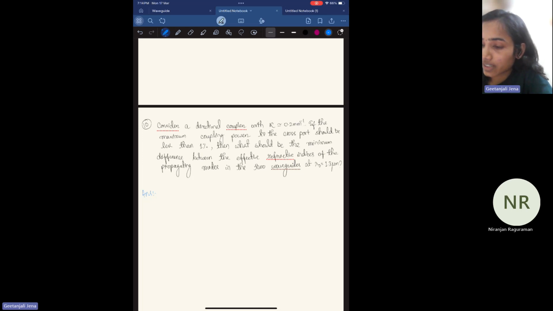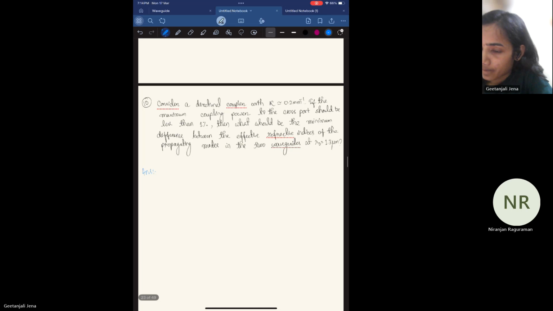So let me write down what is given to us. So we are given kappa is 0.2 millimeter inverse and maximum coupling power to the cross port, that means to port 2, is P2 over P0 max is less than 1%.